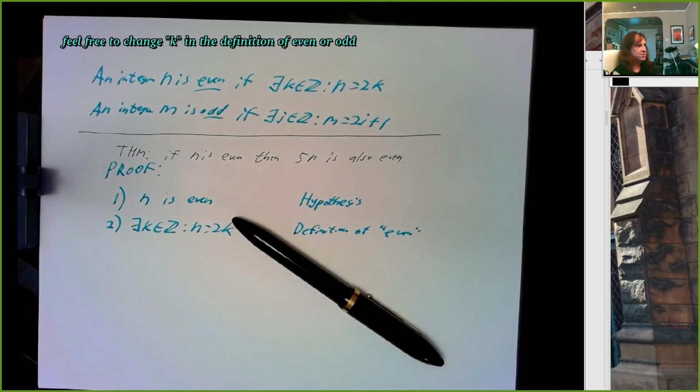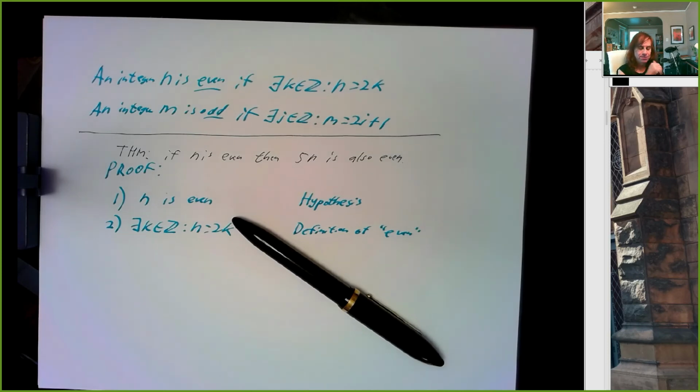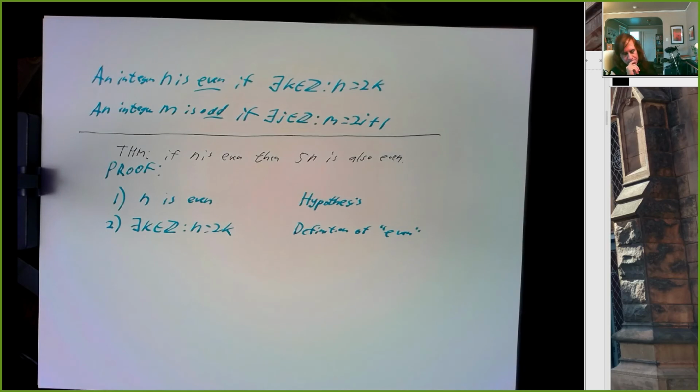So feel free to change that variable. That's going to be really important in a bit. Alright, I've got two propositions. I can do anything I want as long as it follows logically from these two propositions, or from something that I know.